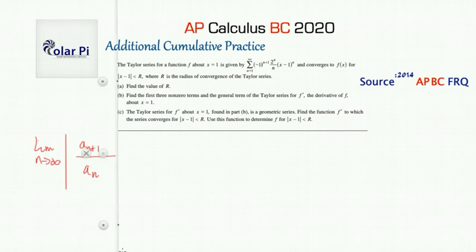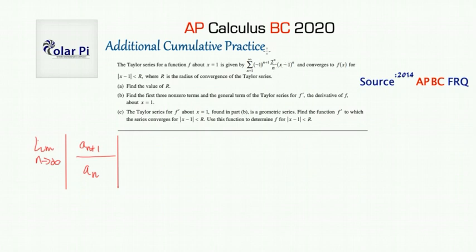Now, remember, one way to identify if the question is about radius and interval of convergence, other than reading the question carefully, is by seeing that your series has x's in it. All these other series tests that are not going to be on the 2020 test, like the limit comparison and the integral test, usually work on series that don't have x's in them.